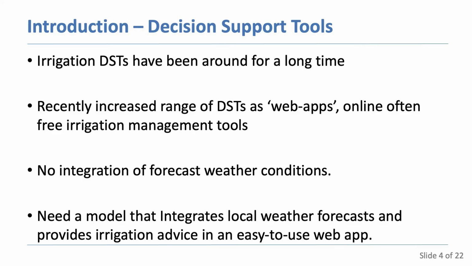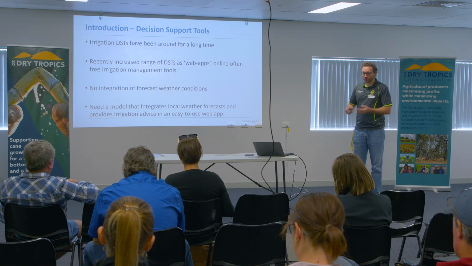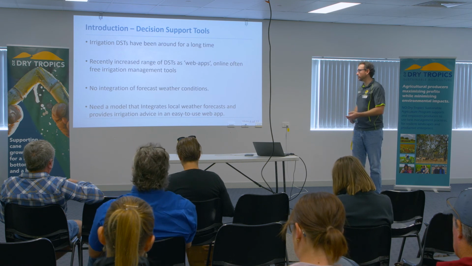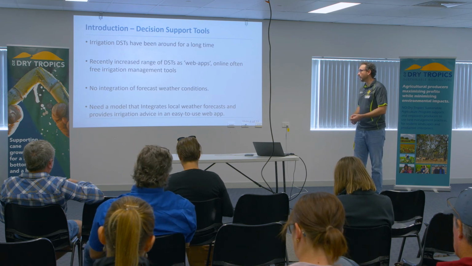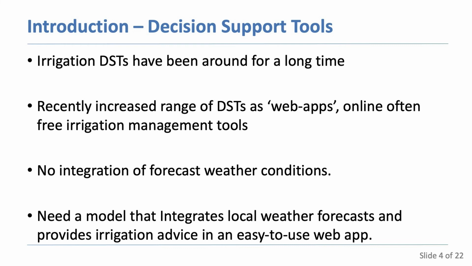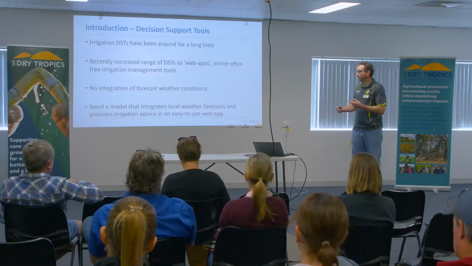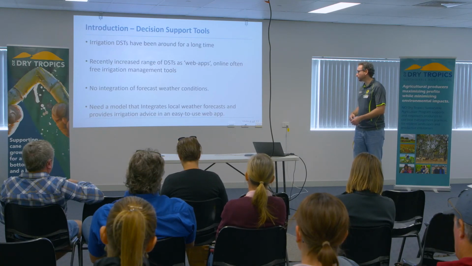So just a bit of background. This project was originally designed as an irrigation decision support tool. And those have been around for a while. We've got plenty of different sorts of irrigation decision support tools. More recently, as we've seen in the previous talk as well, these decision support tools are all moving towards web apps, online tools, and often trying to do this in a free or low-cost way in order to get information back out to people.